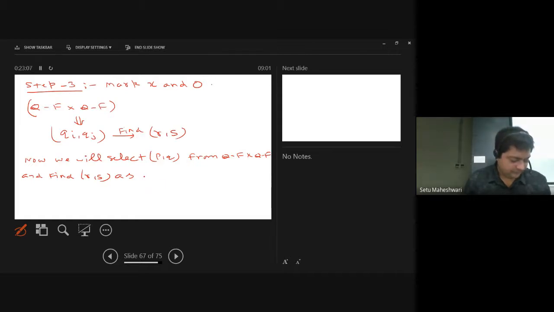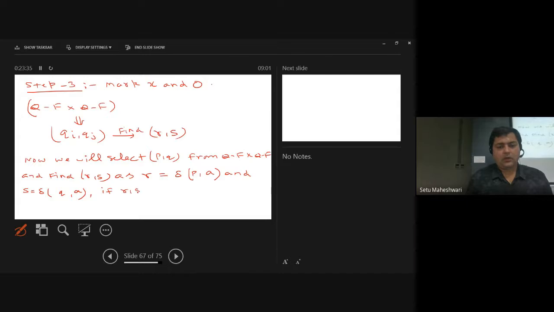Write this line as R is equal to delta P comma A and S is equal to delta Q comma A. If R comma S is cross or X, then P comma Q will be X.